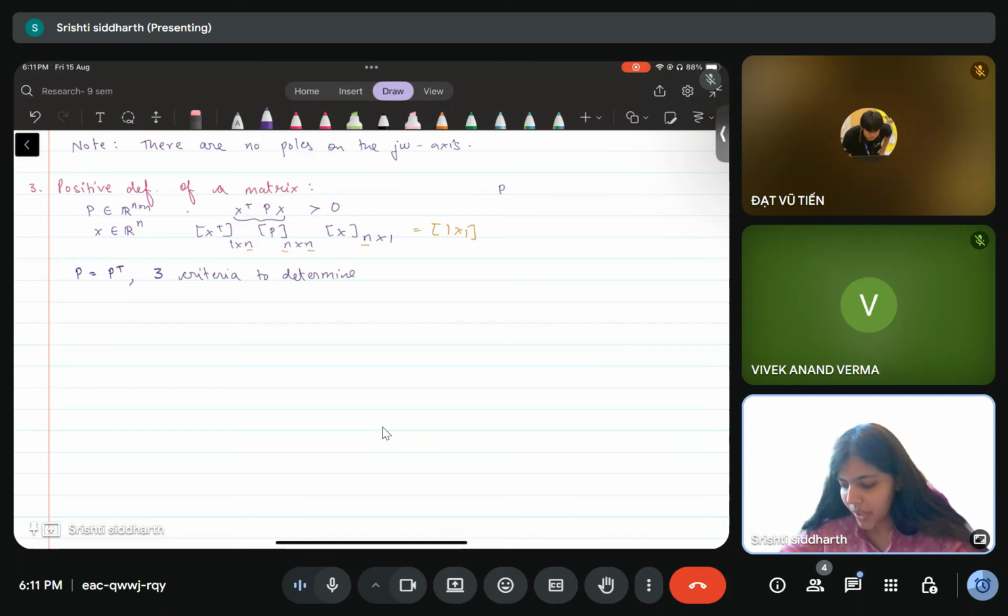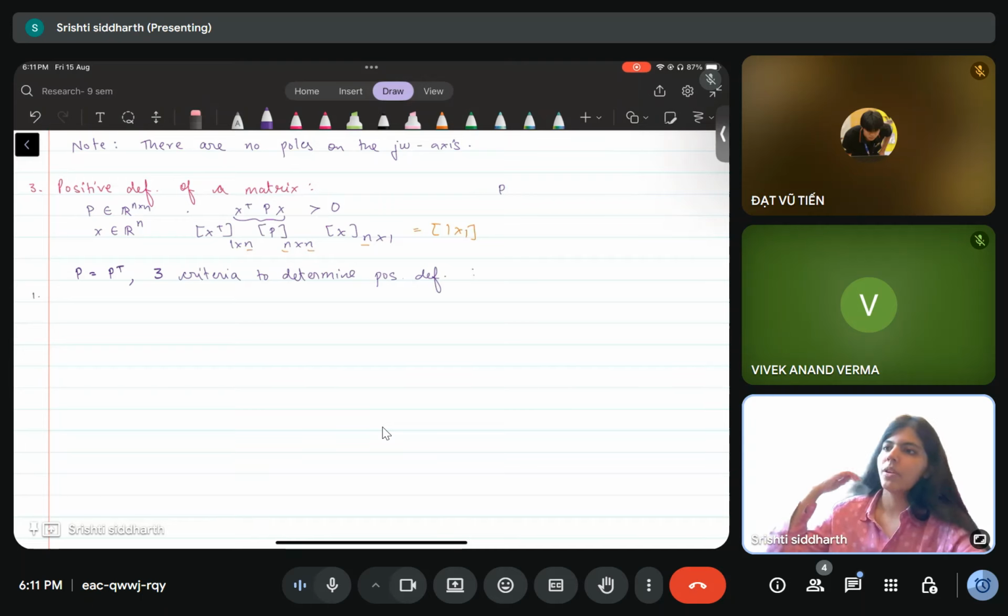X transpose Px, depending on P, could be less than 0, equal to 0, or greater than 0. If this is positive, then P is a positive definite matrix. This is only if P is symmetric.